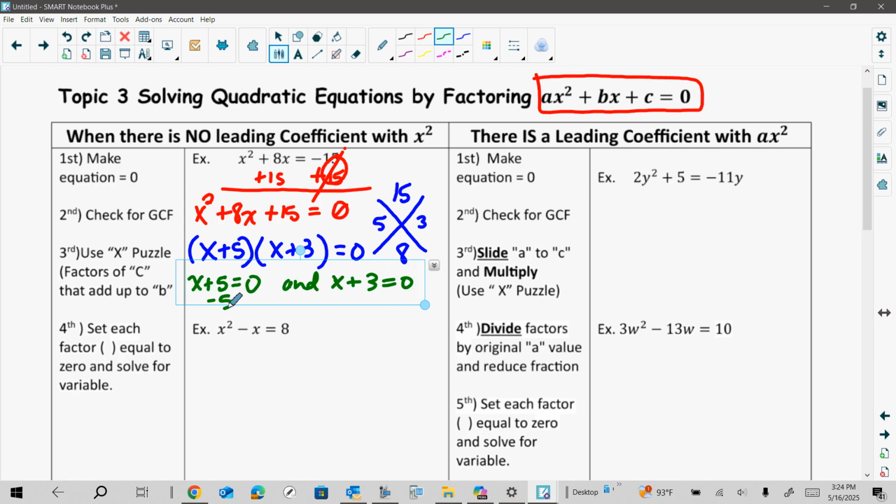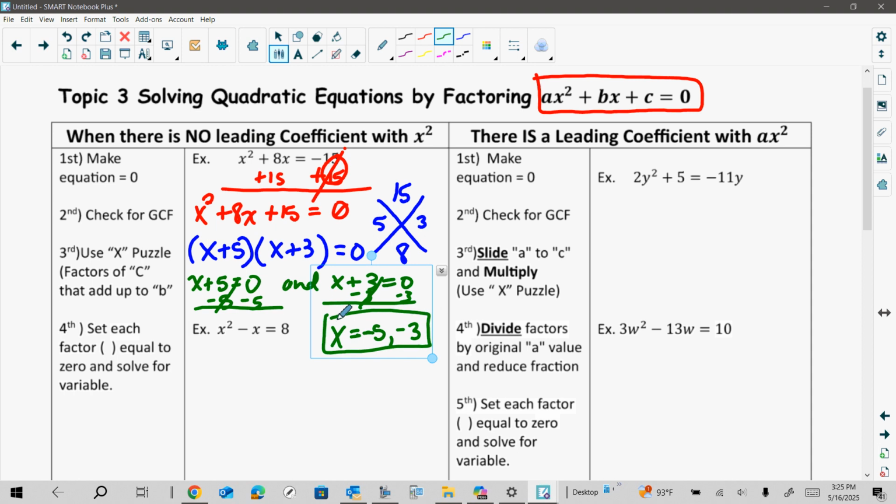Here we're subtracting 5 on both sides. So here x equals -5, I'm going to just come over here, kind of ran out of room. And here, -3. So we have two answers, -5 and -3. That's for example 1 here.